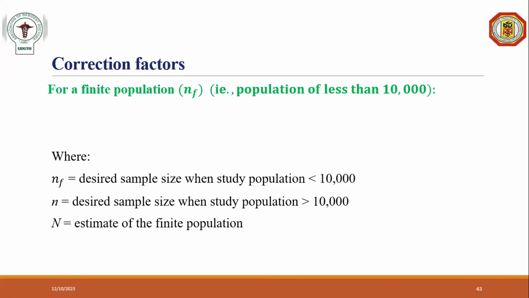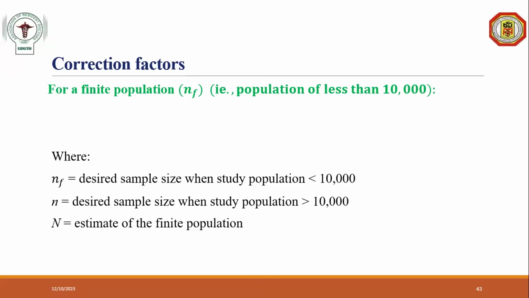So now NF will be equal to 300 divided by 1 plus 0.333, which is 1.333.